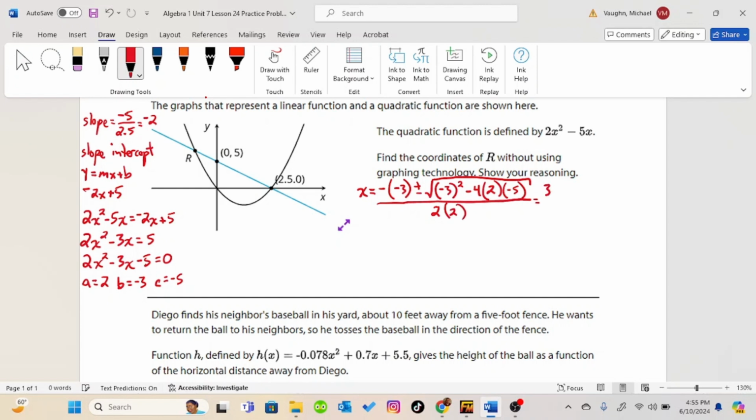So we've got 3 plus or minus the square root of 9 plus 40 over 4. That gives us 3 plus or minus the square root of 49 over 4.